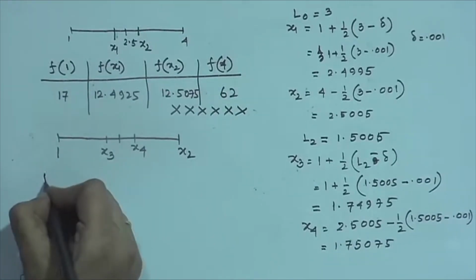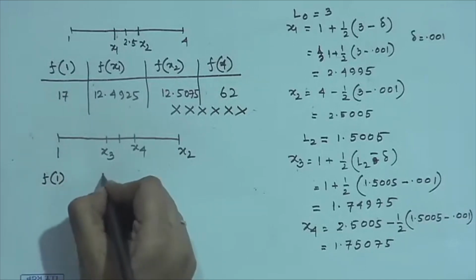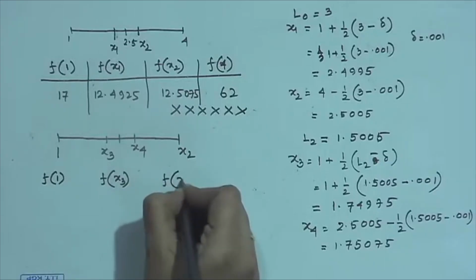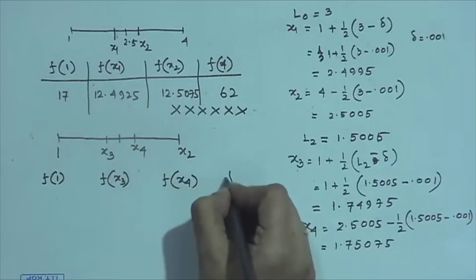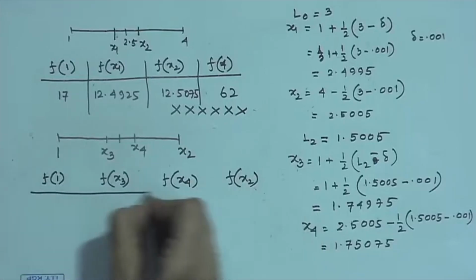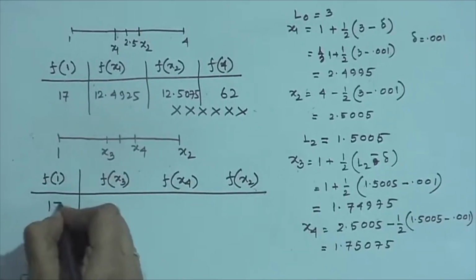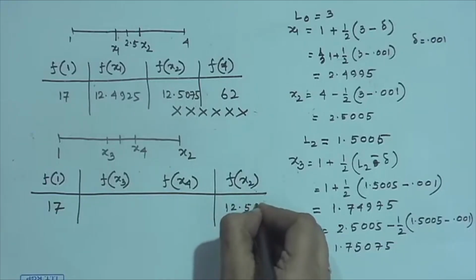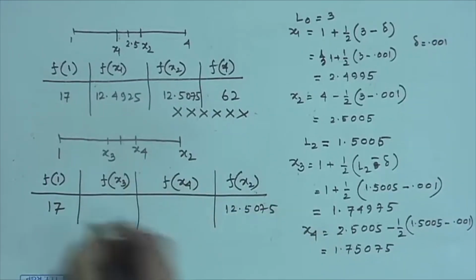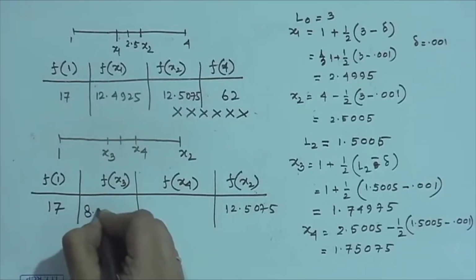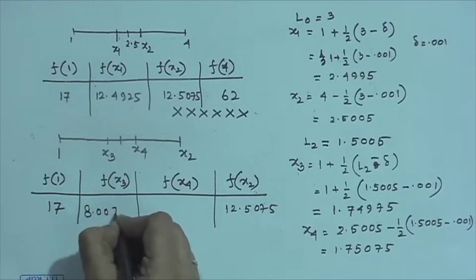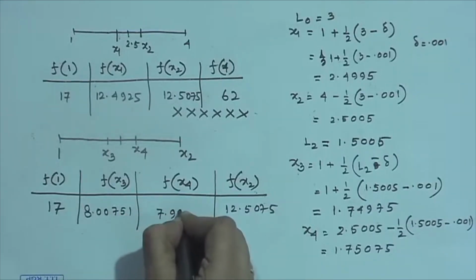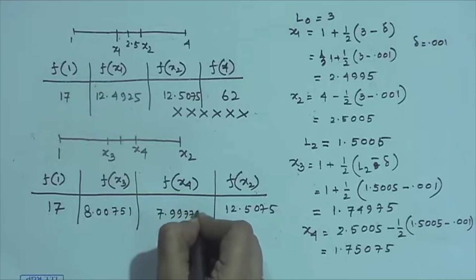Again we will find the functional value at 1, at x3, at x4, and at x2. We know this value, this is 17, from the previous case, this is 12.5075, and the x3 and x4 values are coming 8.00751 and 7.997757.